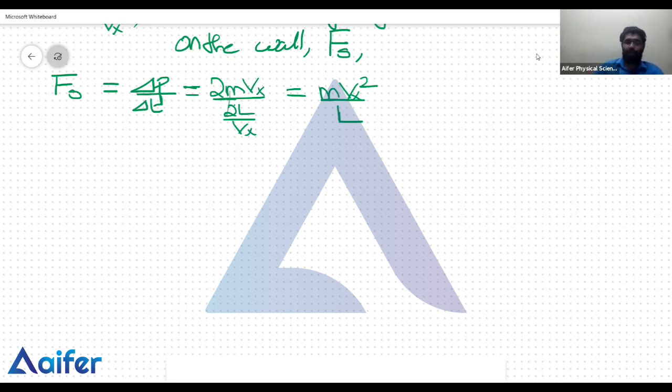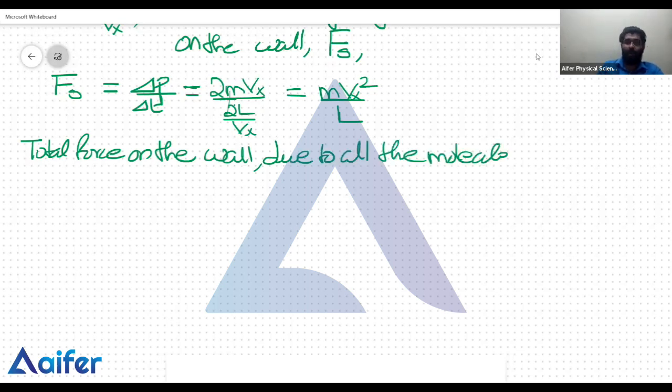So the total force on the wall due to all the molecules, I could write as F, capital F, which will be equal to the summation of Fi. Here m and L are constants because the length of the container is not changing.